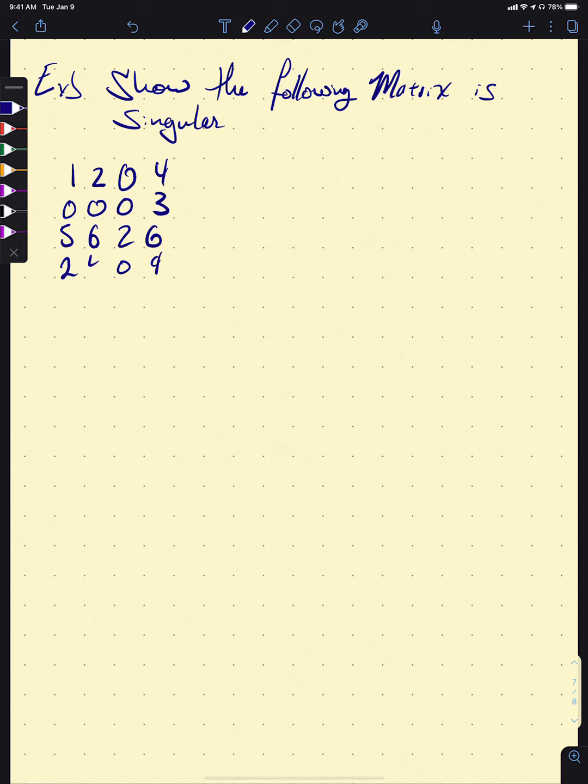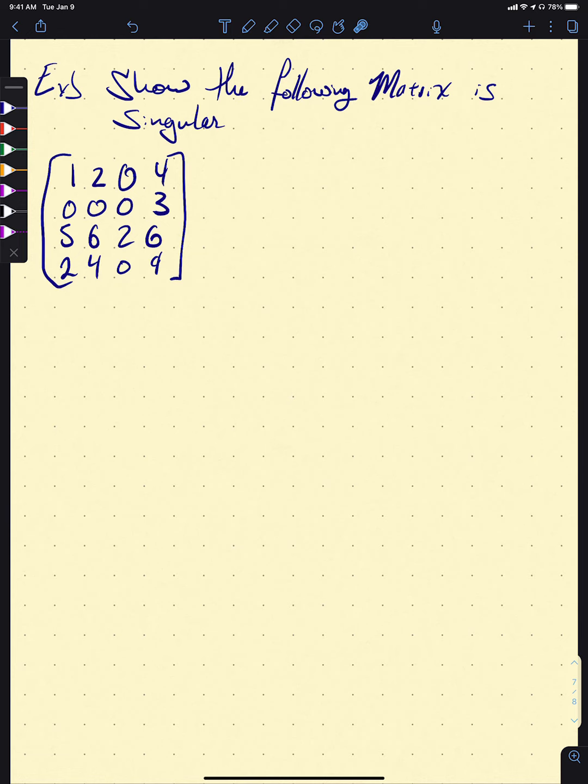But one of the nice things about this 4 by 4 matrix is this row right here. Okay. Because if you remember, a matrix is singular when it is not invertible, right? Generally in mathematics, if you ever hear something called singular, it's not great.